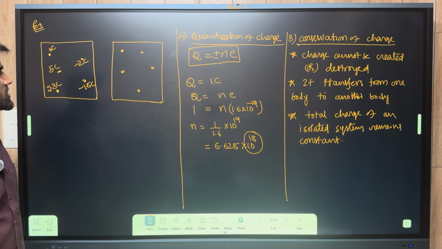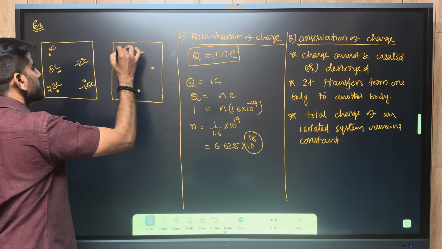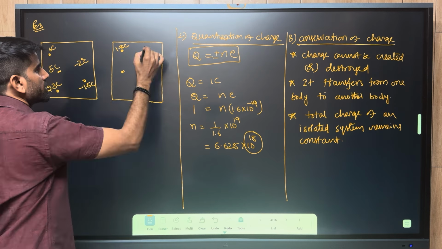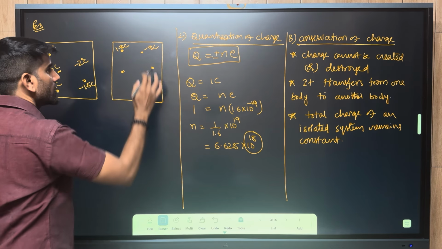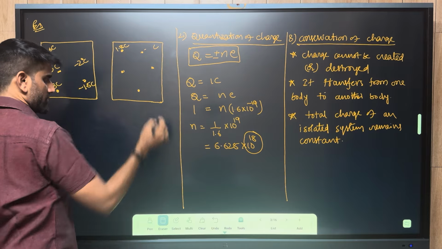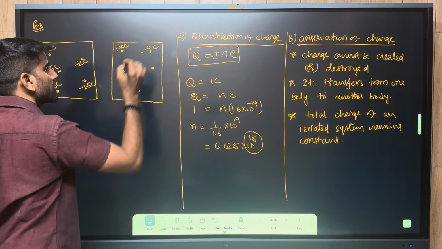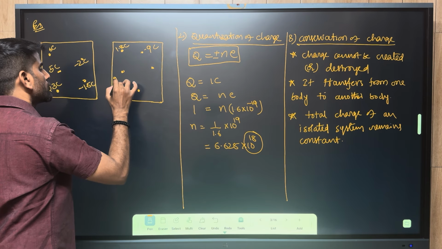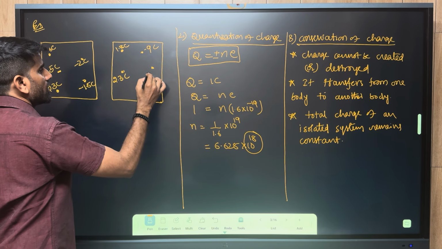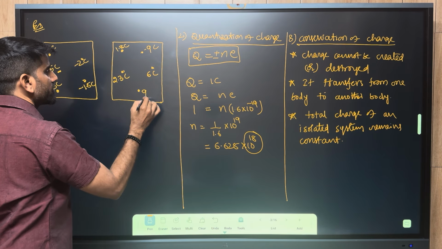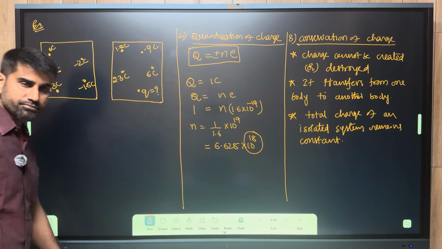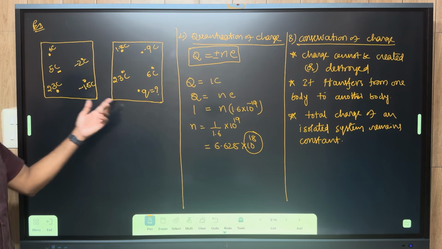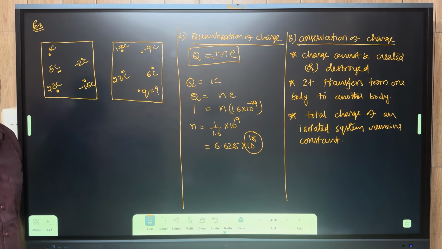Now the charges have become, let's say, 1.8 coulombs, minus 9 coulombs, minus 9 coulombs, 2.3 coulombs, 6 coulombs, and Q, and you are asked to find this Q value. However, this is an isolated system.